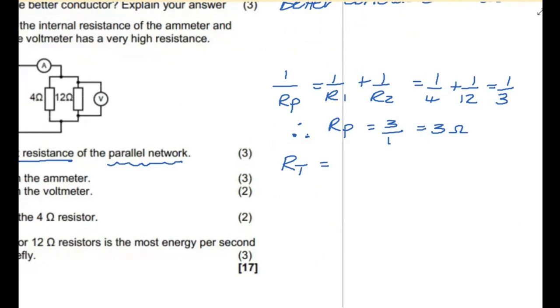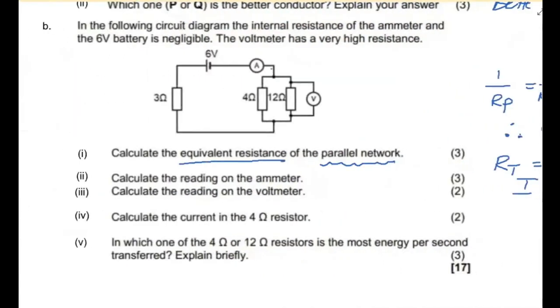Nakia, thanks to you. 1 amp. People are going much faster than me. I'm getting lots of 1 amps, well done. So my total would have been 3 plus 3 is 6 ohms, and therefore I apply Ohm's law. I is V over R, which is 6 over 6, is 1 amp. Well done, everybody. So that means the ammeter reads 1 amp.